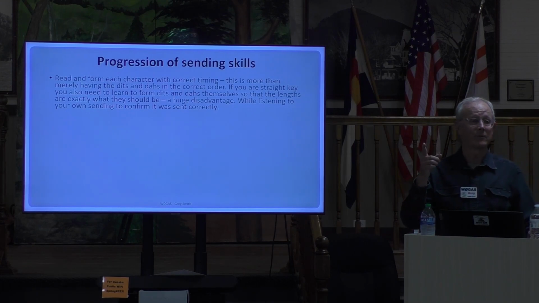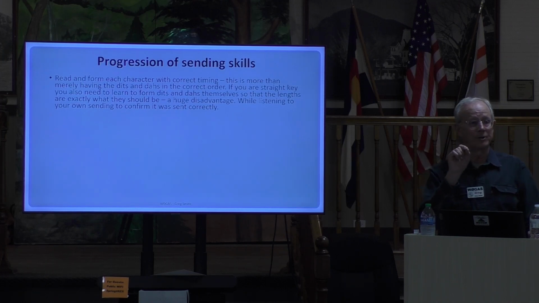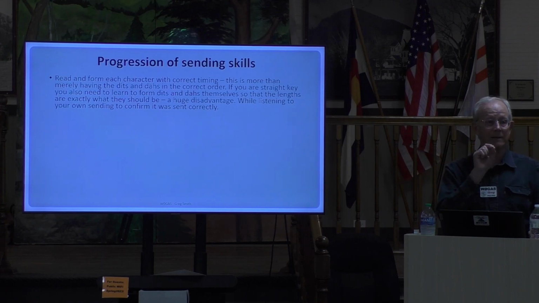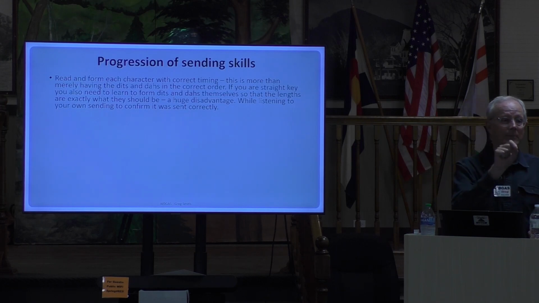So let me repeat that for the benefit of everybody. So it is the common language, but there's other commonalities that make it easier to use it as the common language. We use common abbreviations, we use common Q codes.